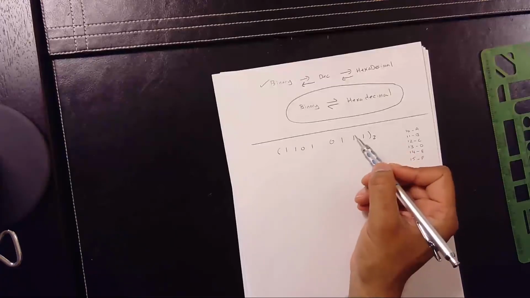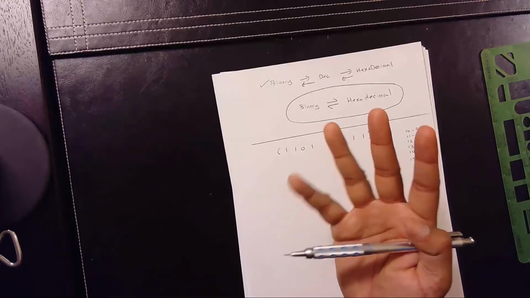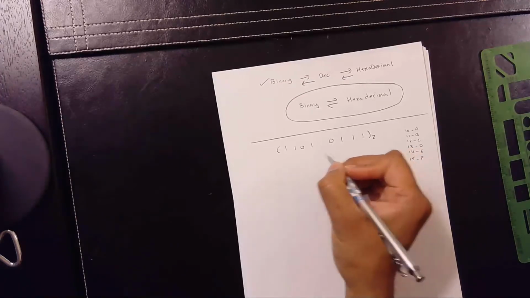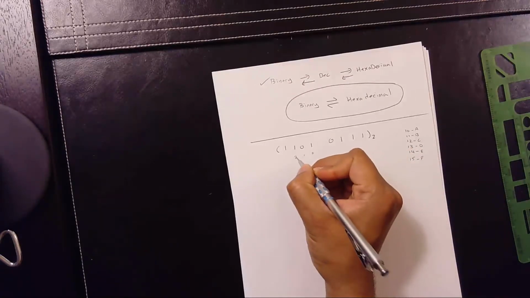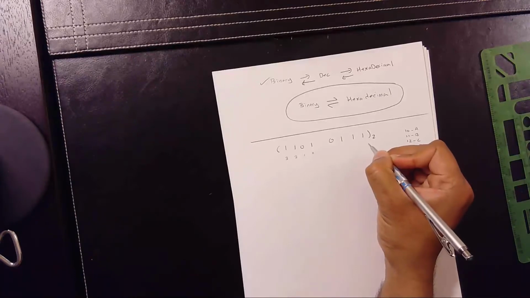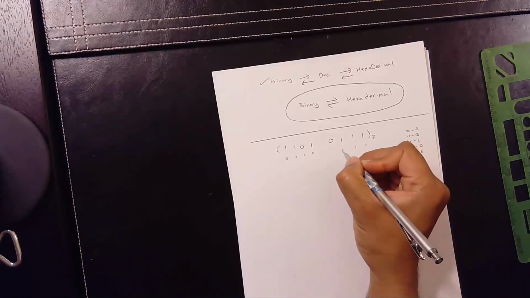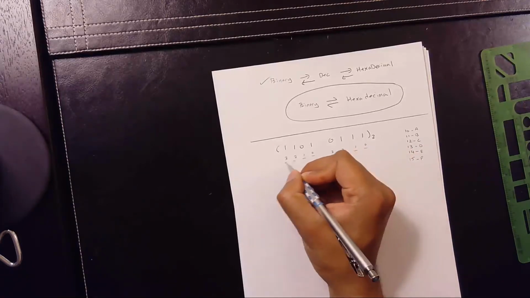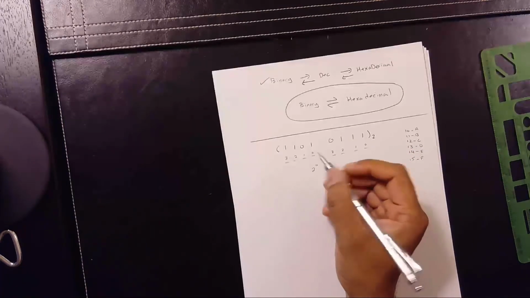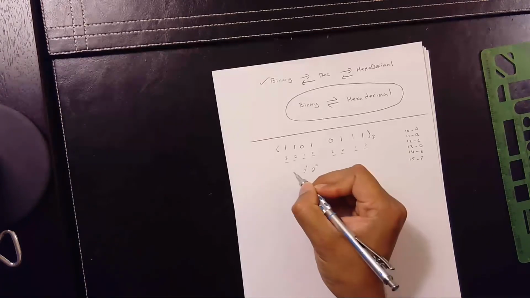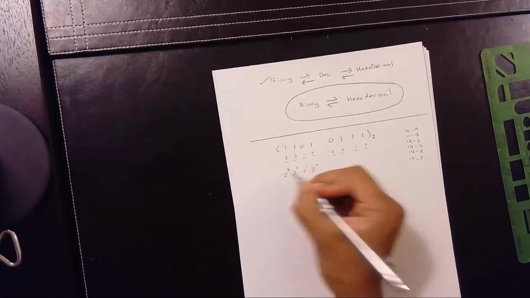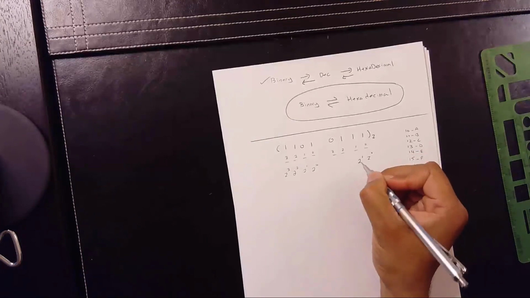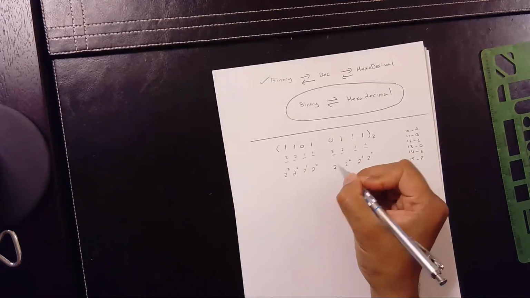We do everything in sets of 4s. So this is 4, 4. Here is 0, 1, 2, 3, 0, 1, 2, 3. This is our 2 to the 0, 2 to the first, 2 squared, 2 to the third, 2 to the 0, 2 to the first, 2 squared, 2 to the third.